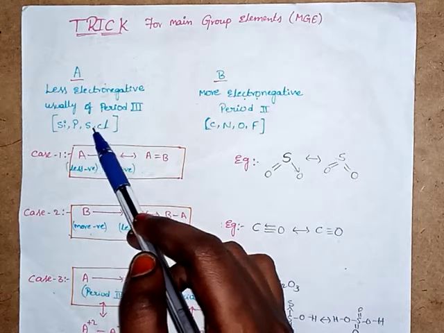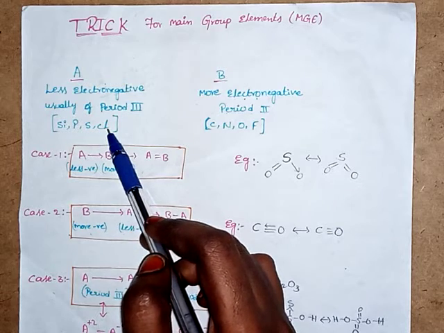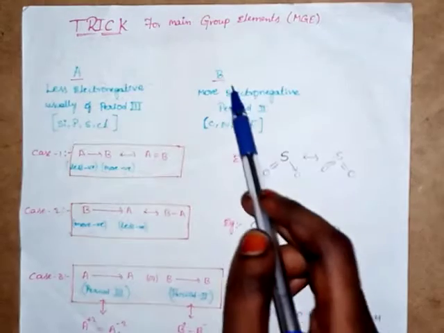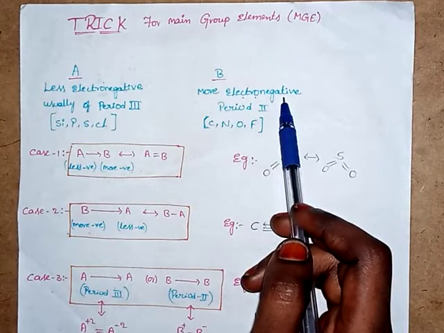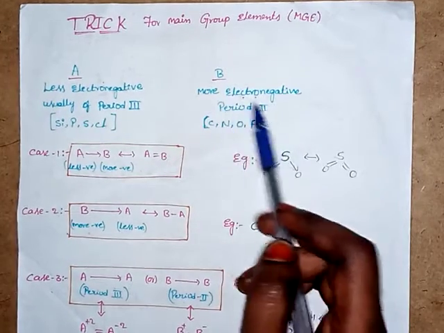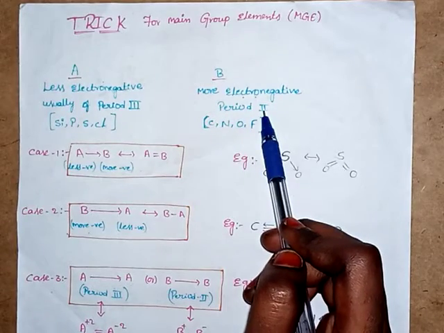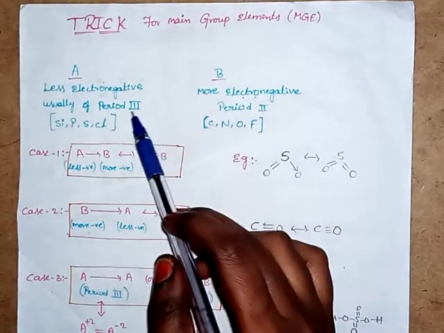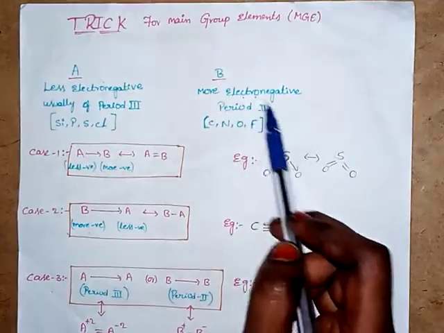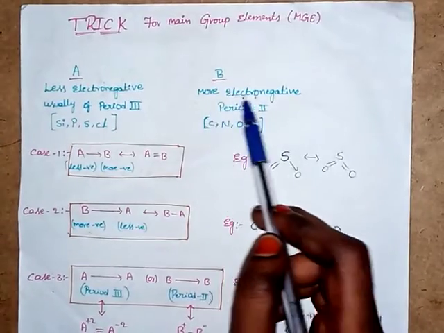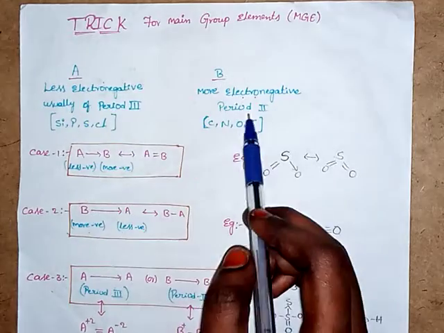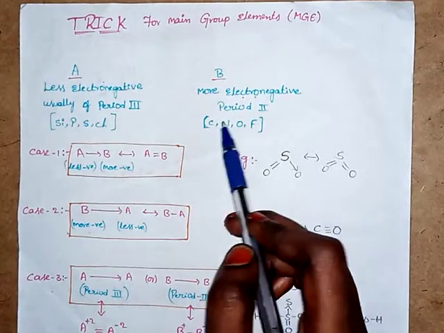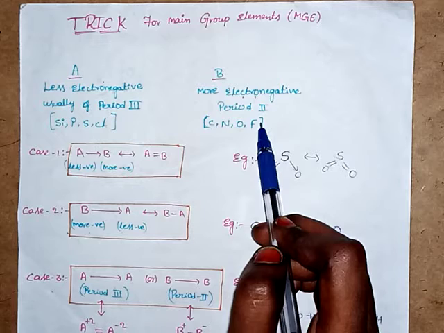Silicon, phosphorus, sulfur and chlorine. B will be more electronegative. This is from period 2. Please remember this: A is from period 3, less electronegative, and B is from period 2, more electronegative. Period 2 elements are carbon, nitrogen, oxygen and fluorine.